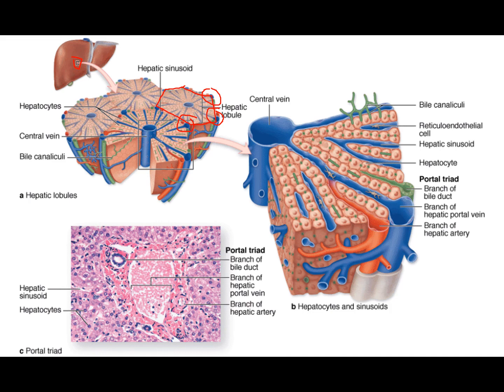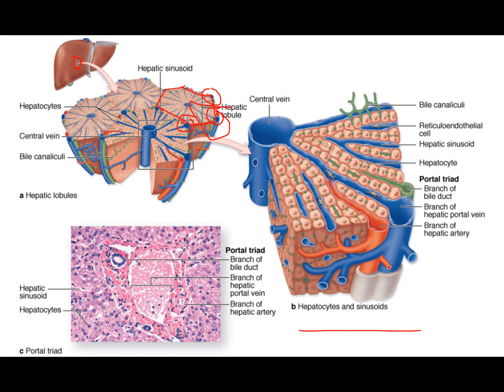So on each corner of these little hepatic lobules, you're going to have the portal triad. You're going to have an artery coming in, a portal vein coming in, and a bile duct going out. That's your portal triad, and I want you to know what makes up a portal triad, okay?